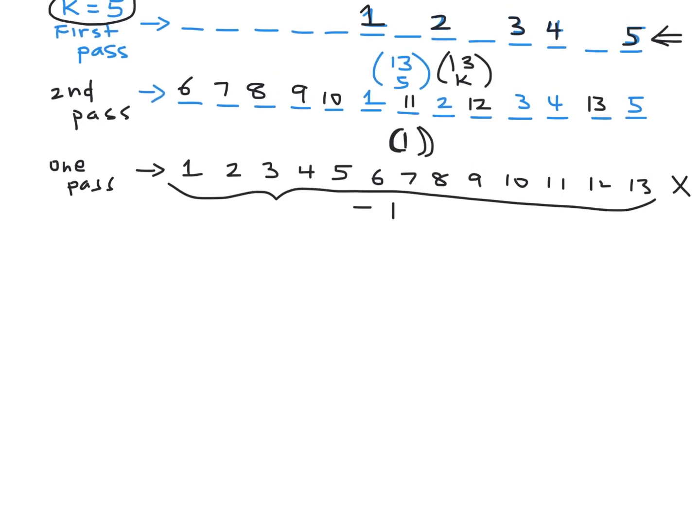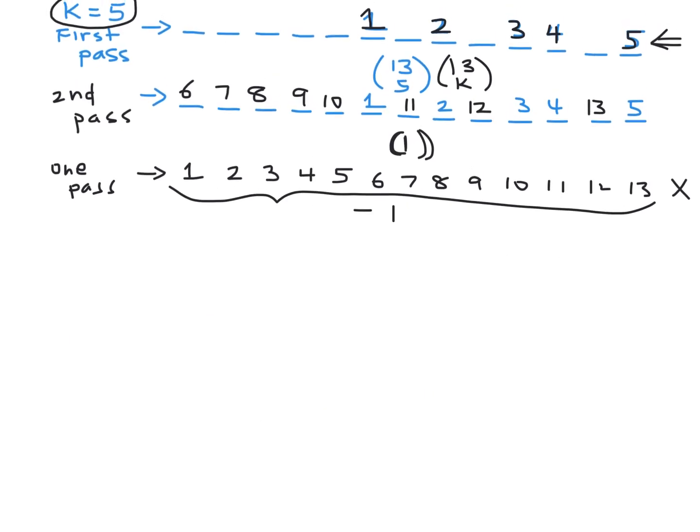And also, you have to remember that you are only looking at values of k between 1 and 12. Because if k equals 13, then you would only get 1 pass. You would only get this scenario. So that's another thing we have to take into consideration.